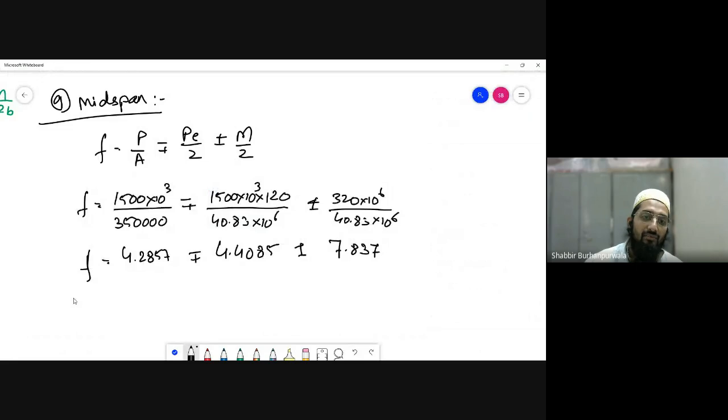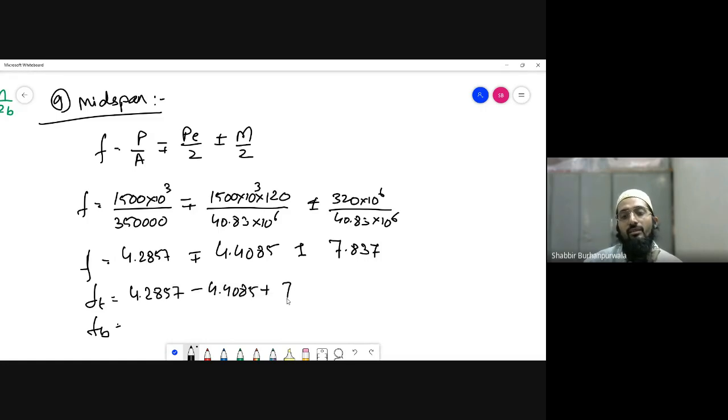Okay, so now we have the values for all the three components. We can write it for f top and for f bottom, and we can get the values for top fiber and bottom fiber. For top fiber, it is going to be 4.2857 plus 4.4085 plus 7.837.